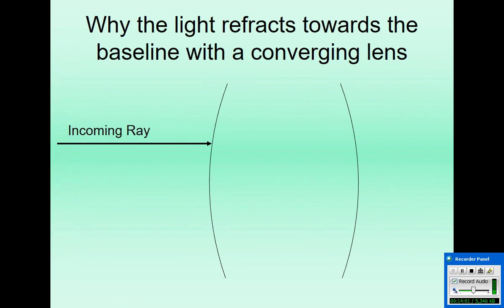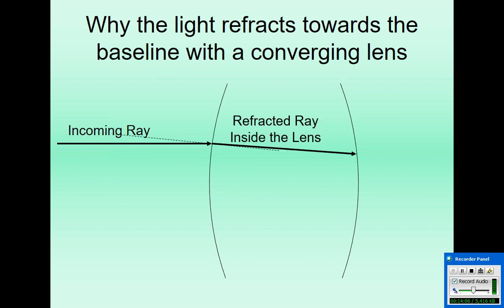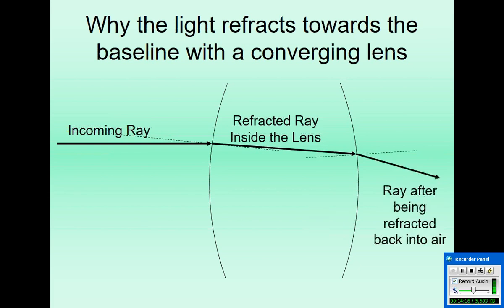We obey the law of refraction. At the normal at the surface, the refracted ray is going to be closer to the normal than the incoming ray after the first surface, but after the second surface, the refracted ray is going to be at a greater angle than the incoming ray because we're going from a higher index of refraction to a lower index of refraction.